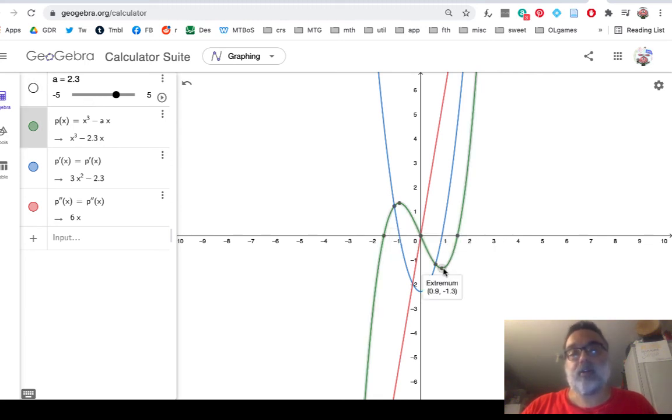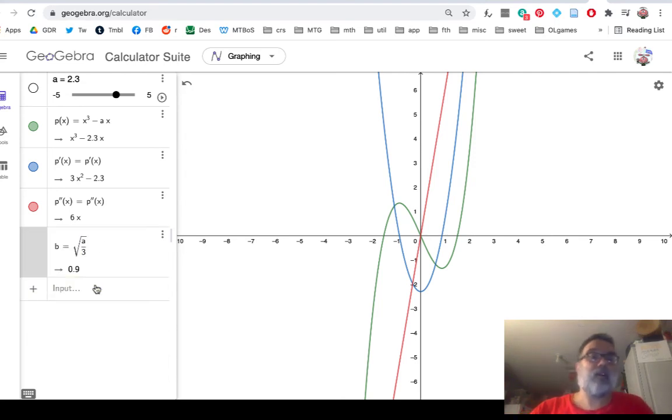Now, GeoGebra also does these important points, right? So the extremum, this says that x is equal to 0.9. So I said that that was going to be the square root of a divided by 3, which is 0.9. So I can even check that kind of information.